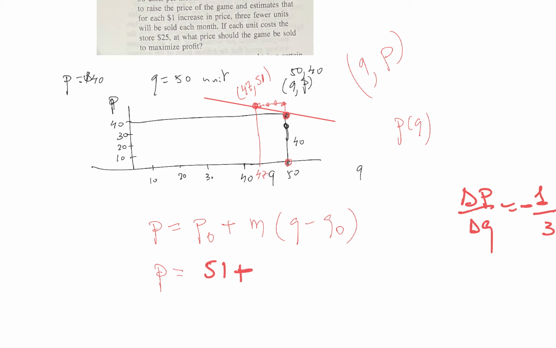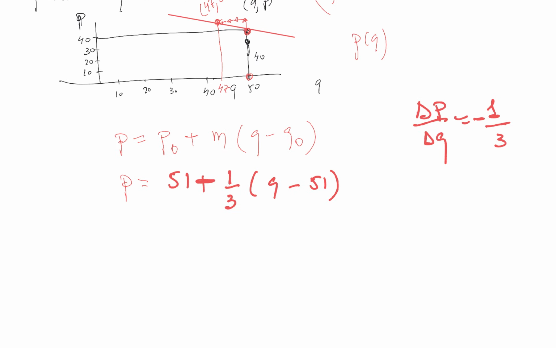So it's minus 1/3 multiplied by Q minus the Q0 at the initial point, which is 47. So this is the price P as a function of Q.